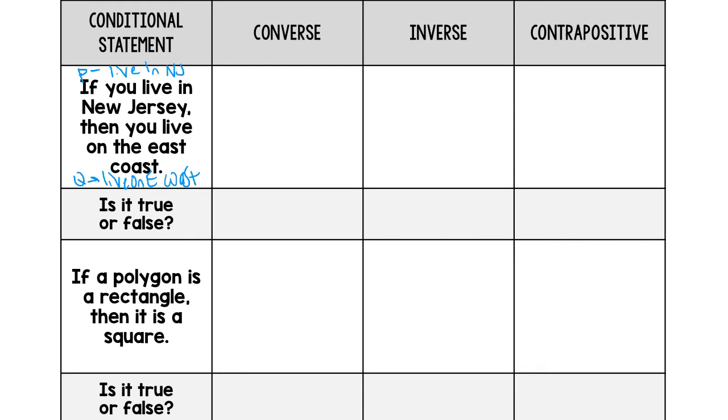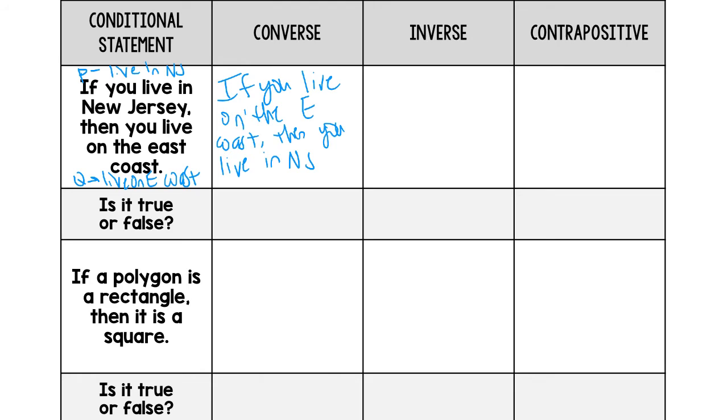So the converse will be if Q, then P. If you live on the East Coast, then you live in New Jersey. Is that true or false? That is definitely false. There's lots more places on the East Coast that are not New Jersey.